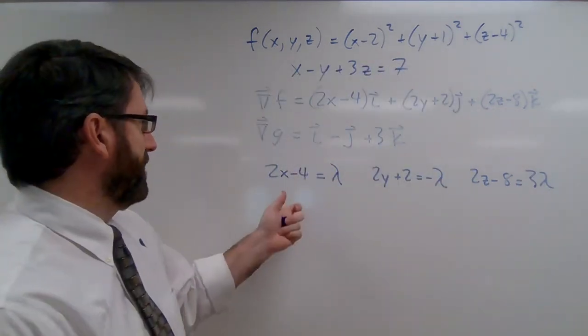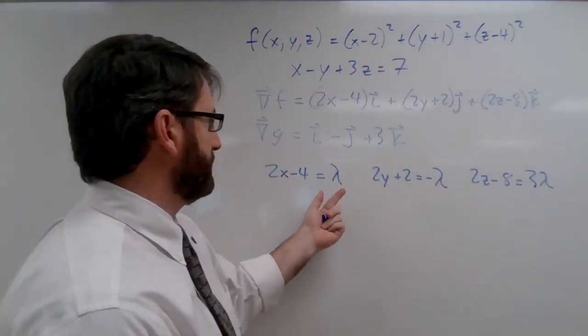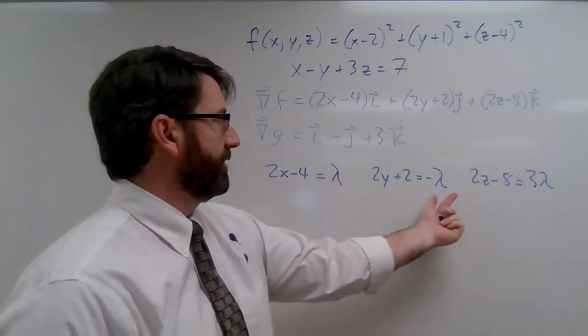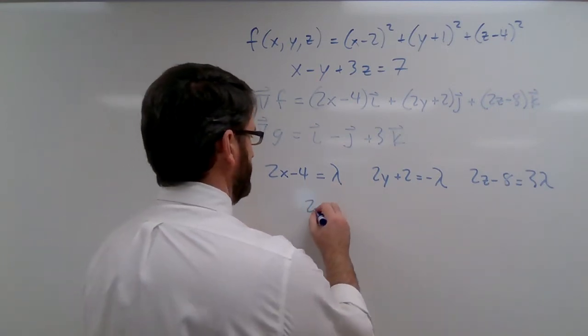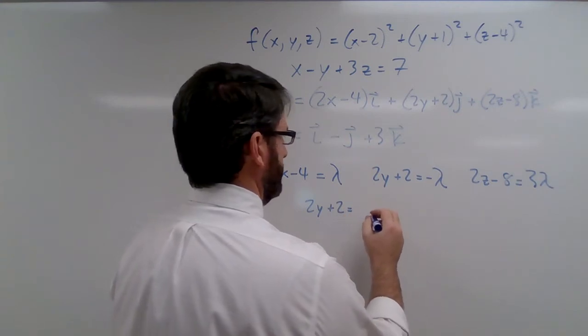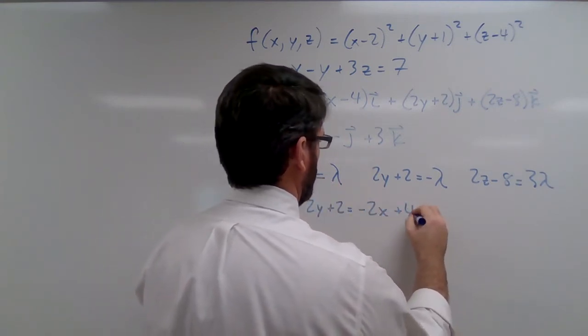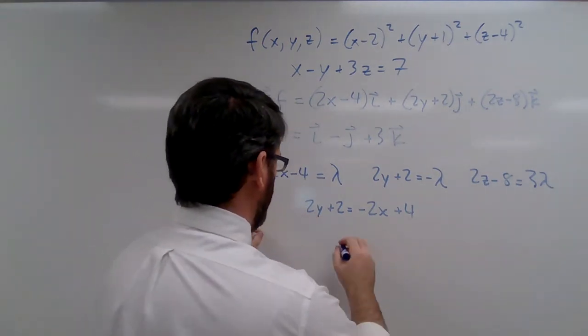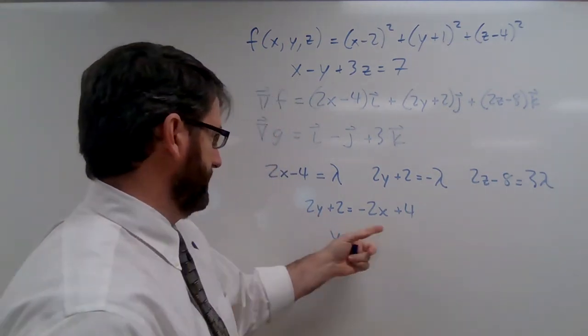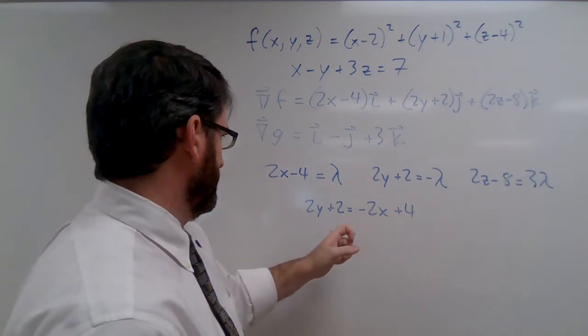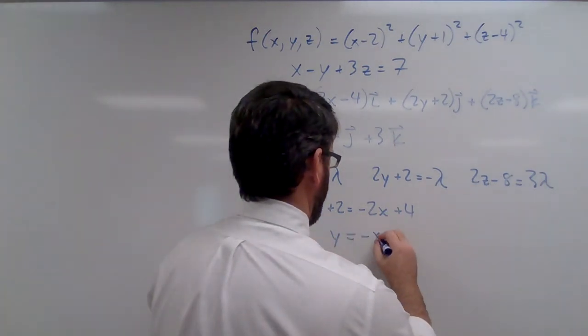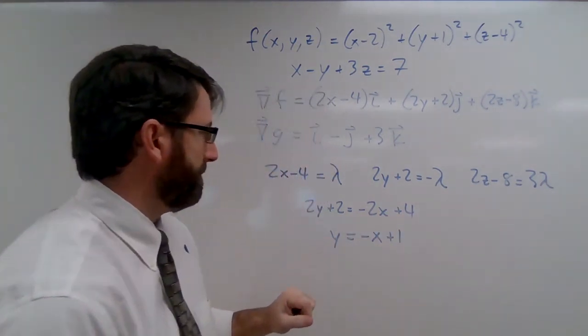All right, and now we can plug in this for this lambda, and we get 2y plus 2 is equal to negative 2x plus 4. And if we solve for y, we get that y is equal to negative x plus 1.